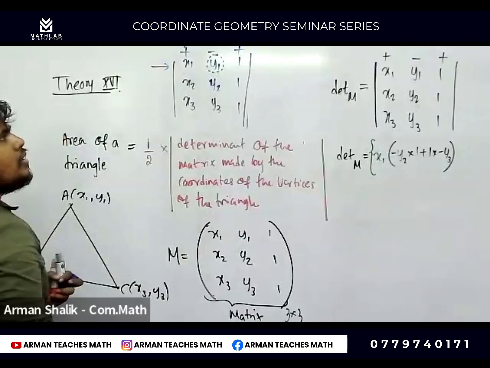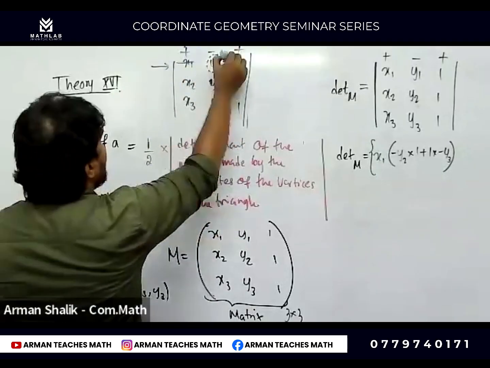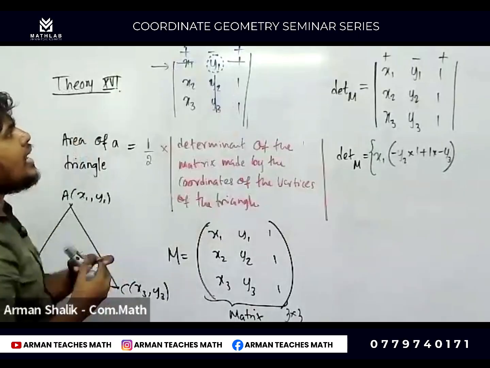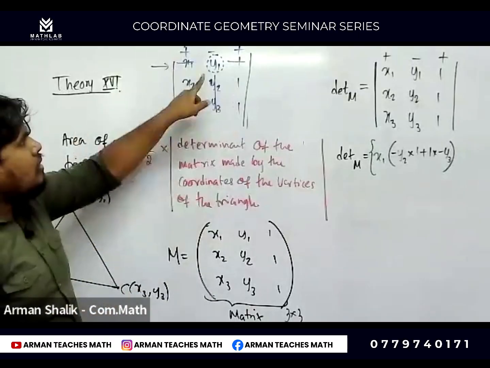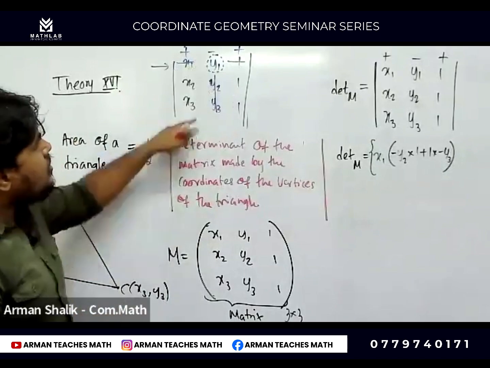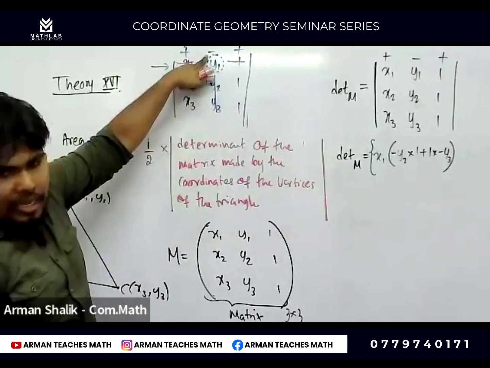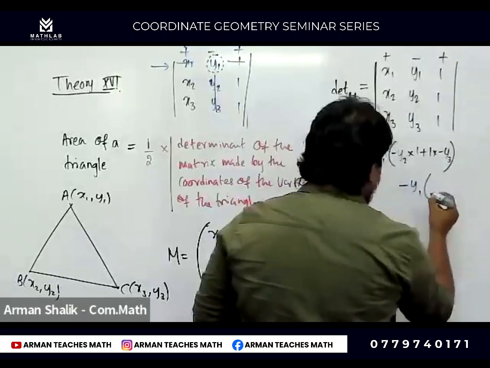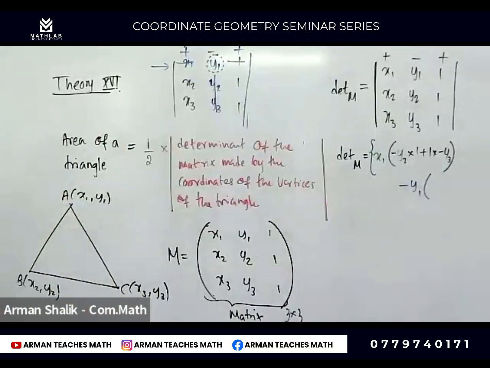Then this row is discarded, this column is discarded. Now, selected this y1. It is in the minus column, no? Minus y1 times. That's how we write.